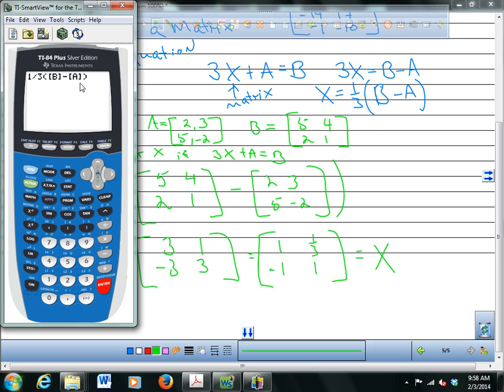Hey, I did it right. 1, 1/3, negative 1 and 1. Okay, so that's how you do it. And that becomes really good for when you're finding inverse matrices and multiplying matrices and stuff like that.